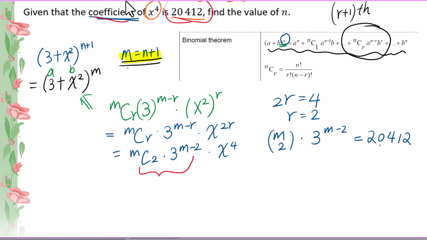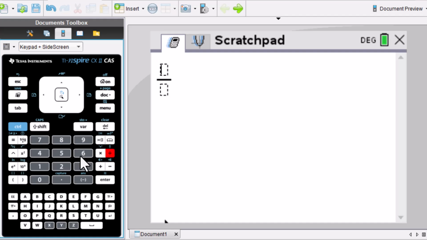No matter which way, we have to change this into algebraic form, which means m times (m minus 1) over 2 factorial. 2 factorial is 2, times 3 to the power of m minus 2 equals 20,412. Control divide.